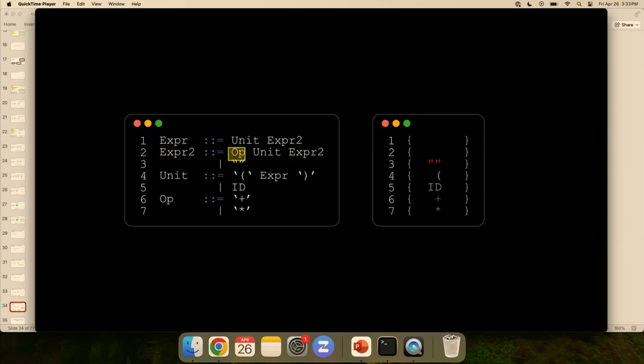Right? So we have to walk back down, and we look back at our terminals. And going back up, there we see it again, and again with expr. And now we go down to unit, and we repeat the process. Are we done here?